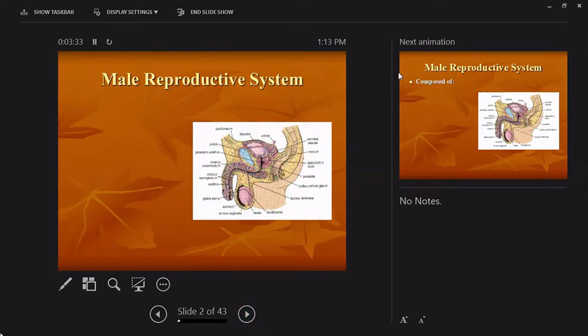This is your review of our anatomy of the male reproductive system.